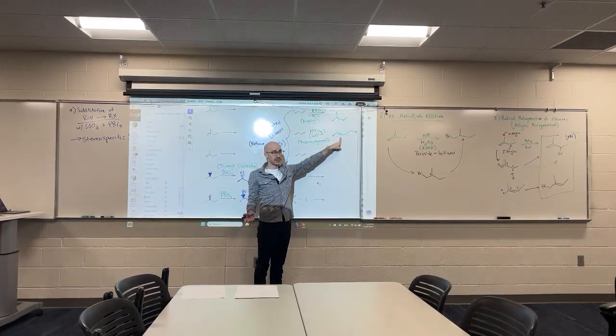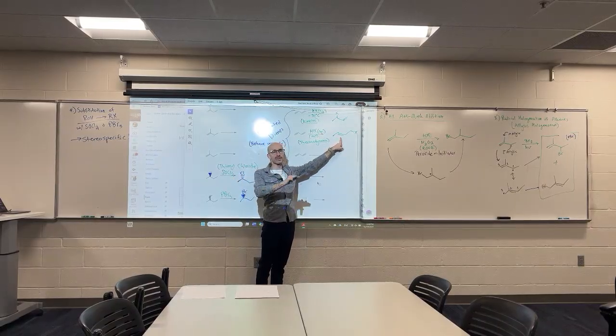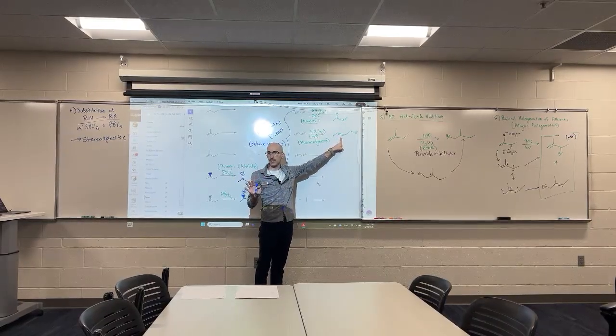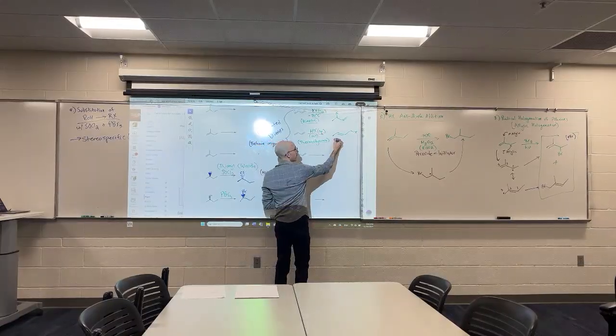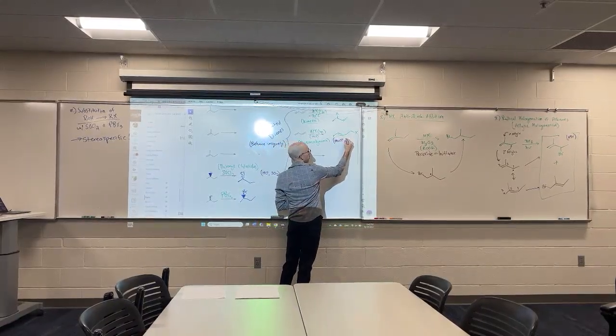If the pi bond has rearranged, that must be the result of a resonance form. When structures rearrange, like hydrogens and methyl groups and alkyl groups, that's a carbocation intermediate, just in general. But when pi bonds move, that is resonance. So this must have a resonance intermediate.